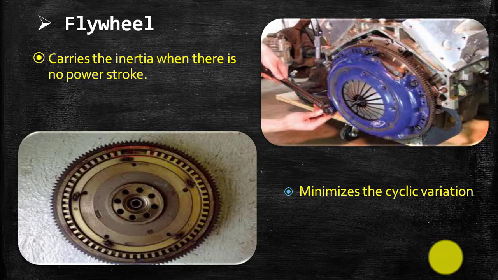In simple terms, during the power stroke our engine stores some energy in terms of inertia, and during the rest of the three strokes, in the case of a 4-stroke engine, it releases the energy, and in this way it minimizes the cyclic variation, or you can say the cyclic fluctuation.